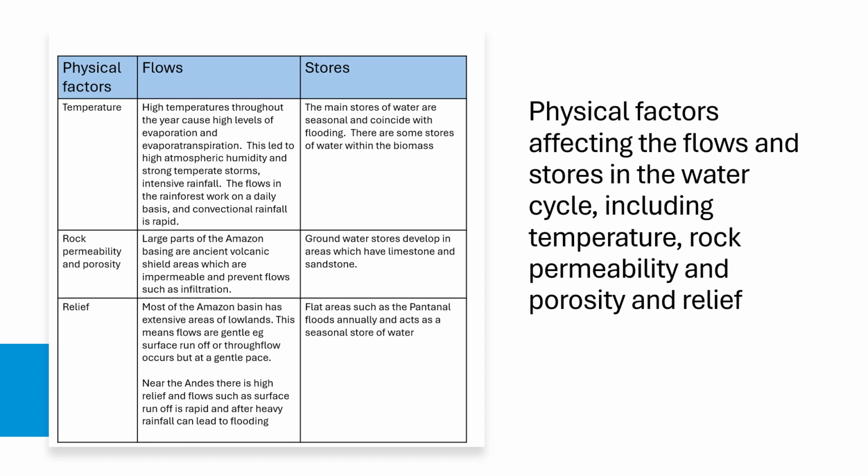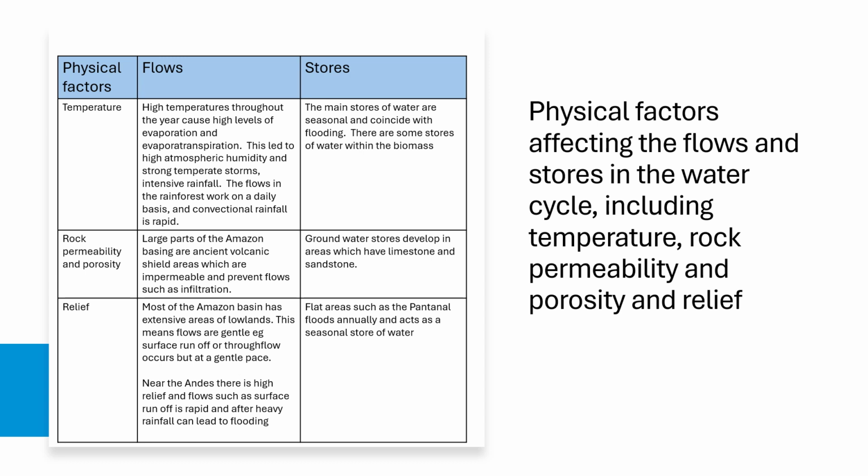So temperature very much affects those flows, those outputs and inputs into the cycle. There can be some stores associated with temperature. As I mentioned previously, there is the element of seasonal flooding, which can provide short-term stores, which ties into quite high temperatures and high levels of rainfall.